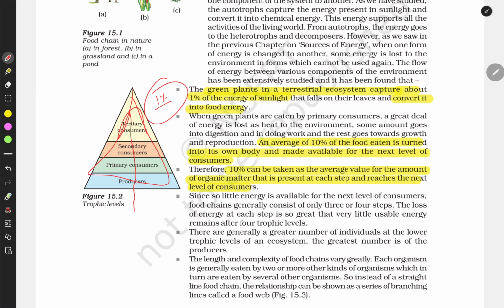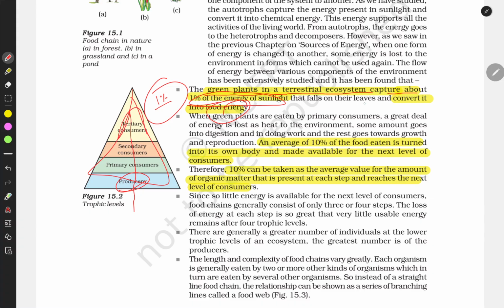What happens is, the green plants in the terrestrial ecosystem capture 1% of the sunlight. So producers are converting 1% of the sunlight into food, and food means the glucose molecule.